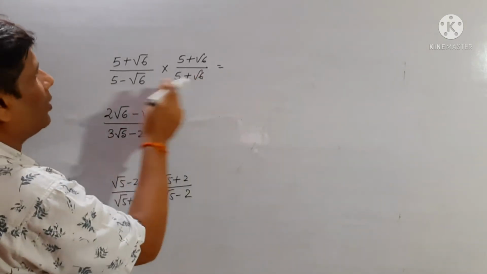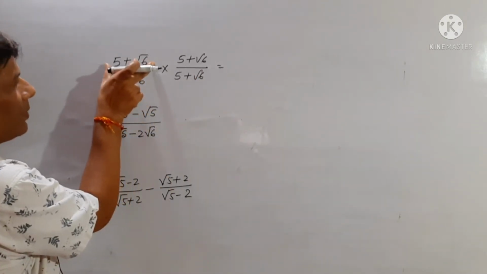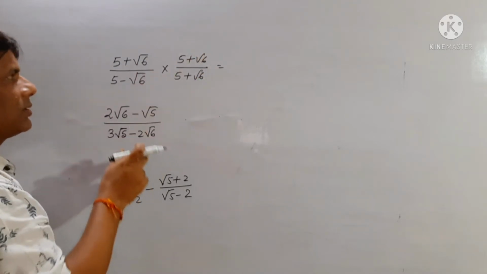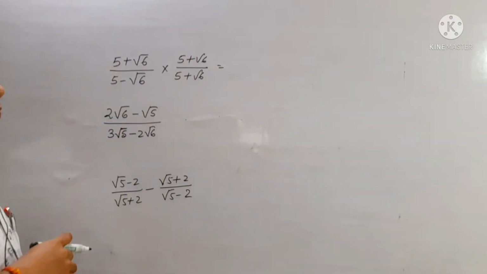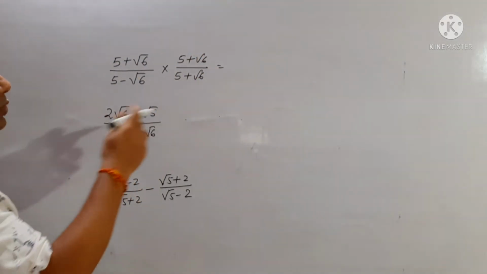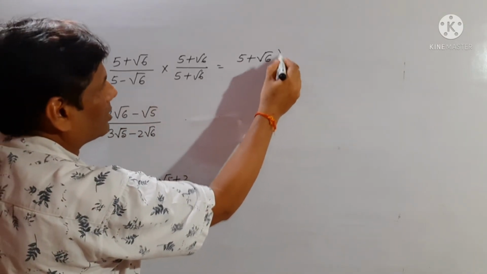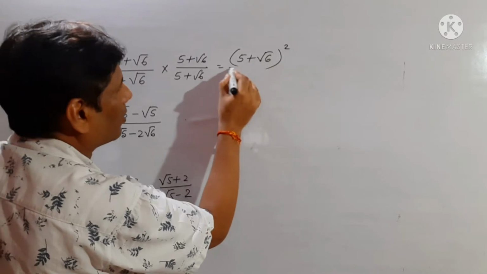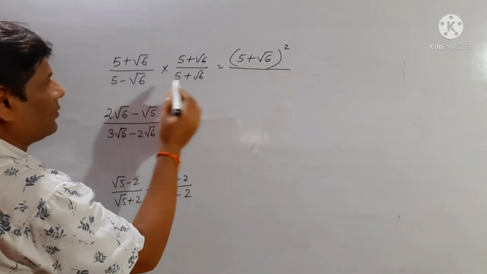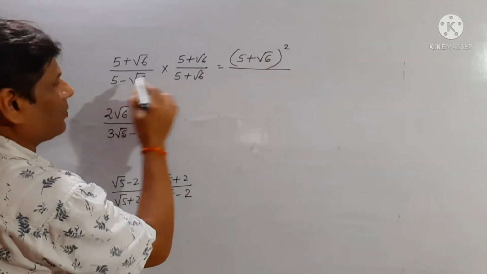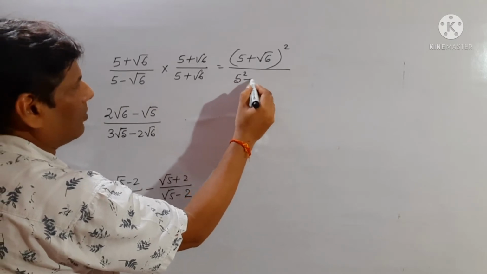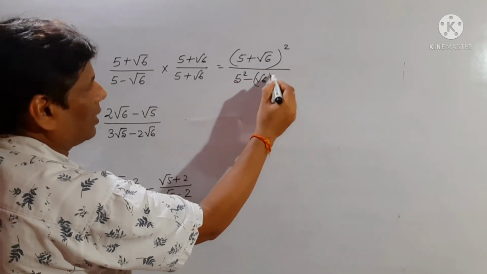So in the numerator it becomes 5 plus root 6 multiplied two times, that is 5 plus root 6 whole square. And in the denominator, 5 plus root 6 and 5 minus root 6 gives 5 square minus root 6 square.